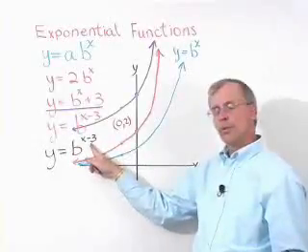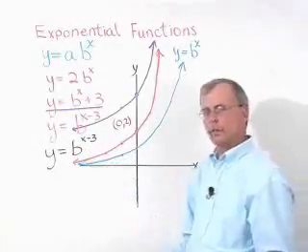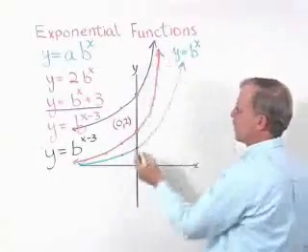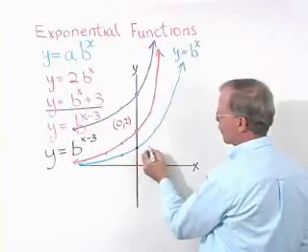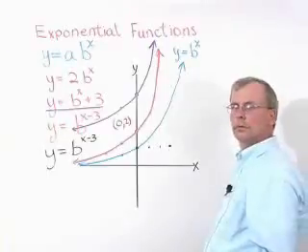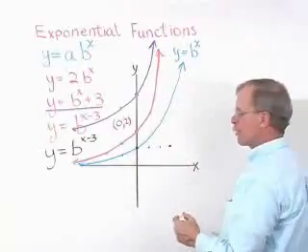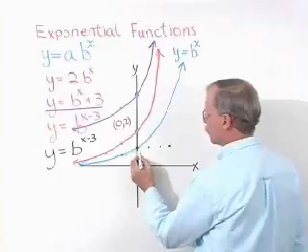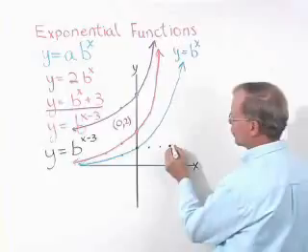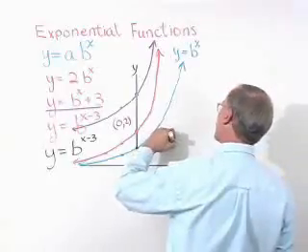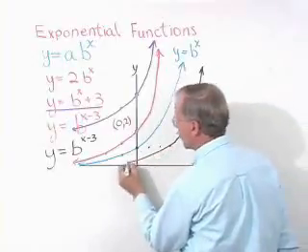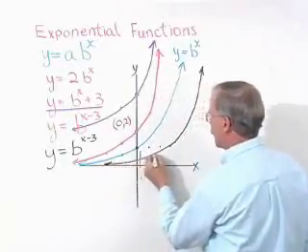In this case, we're moving the graph to the right 3 units. So this point, which is our original point from y equals b to the x, will actually be translated over this way 3 units. Everything else in the graph will remain the same. What we'll end up with then is a graph that looks exactly like the one we started with, but it will look more like that.